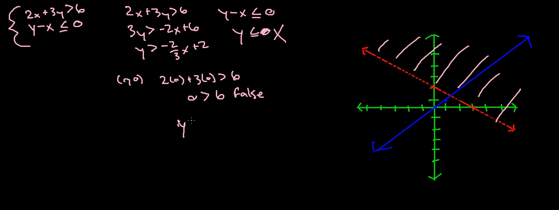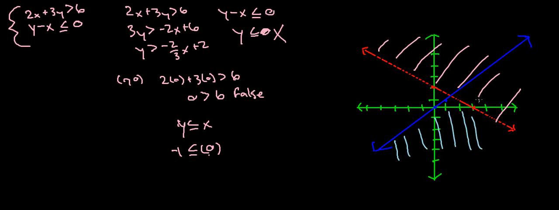Fortunately, y is greater than or equal to x is easy to test. I tested 0 for x and minus 1 for y. 0 is greater than minus 1, so this bottom part of the graph is shaded. And now there is an area here that is shared mutually by both of these equations.